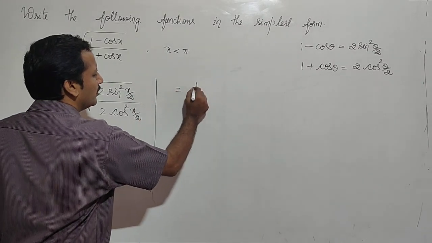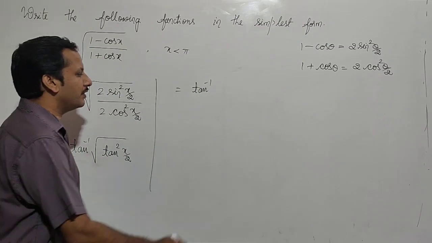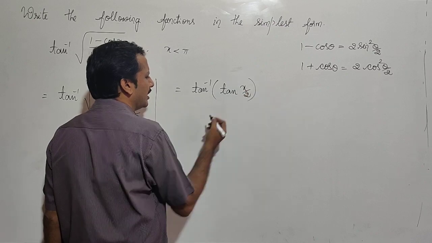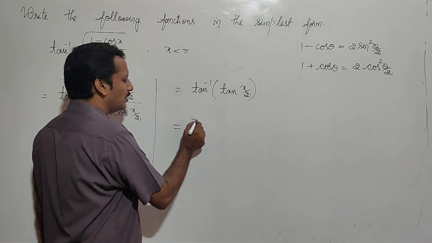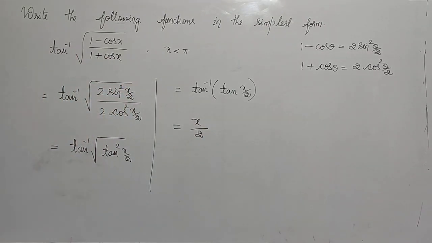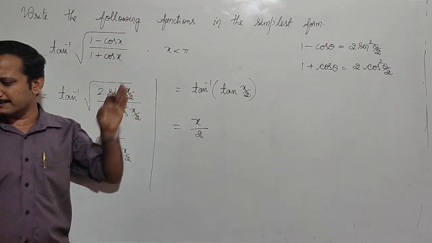That's equal to tan inverse of root of tan square x by 2, which will become tan x by 2. Tan inverse of tan x by 2 is equal to x by 2. That's all. This is the simplest form of this expression.